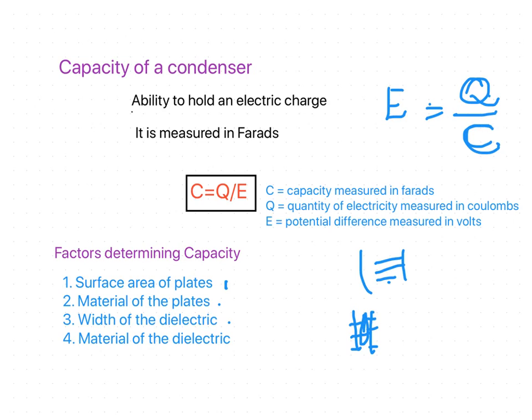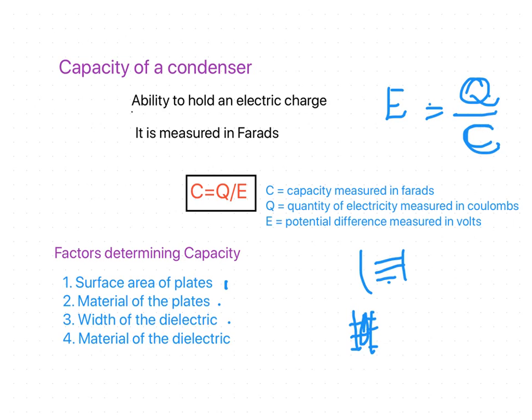Okay, next, if we see the material of the dielectric, the material of the dielectric also affects the capacity, as molecular distortion occurs more readily in some materials than others, and these are capable of storing a greater amount of energy.